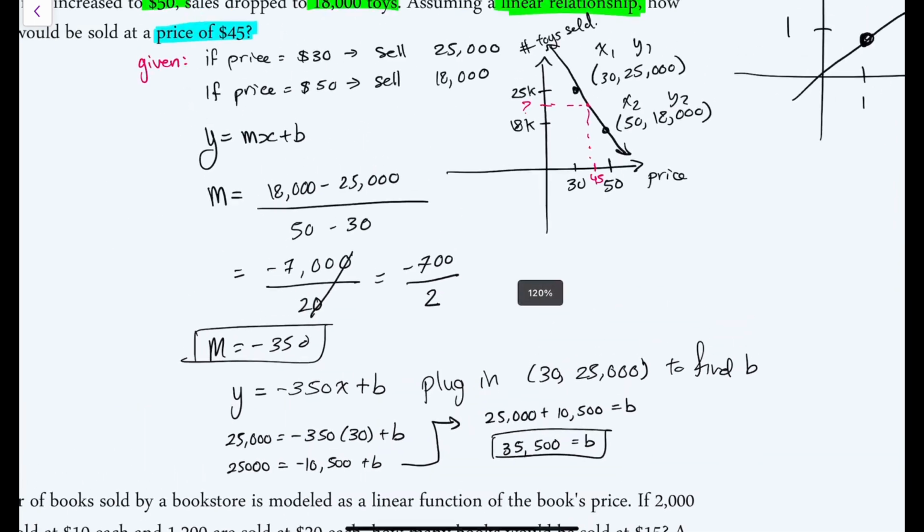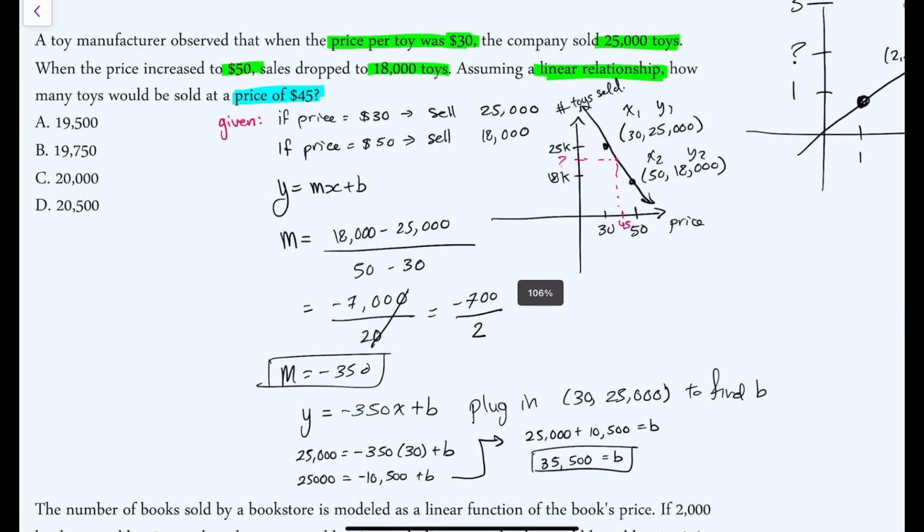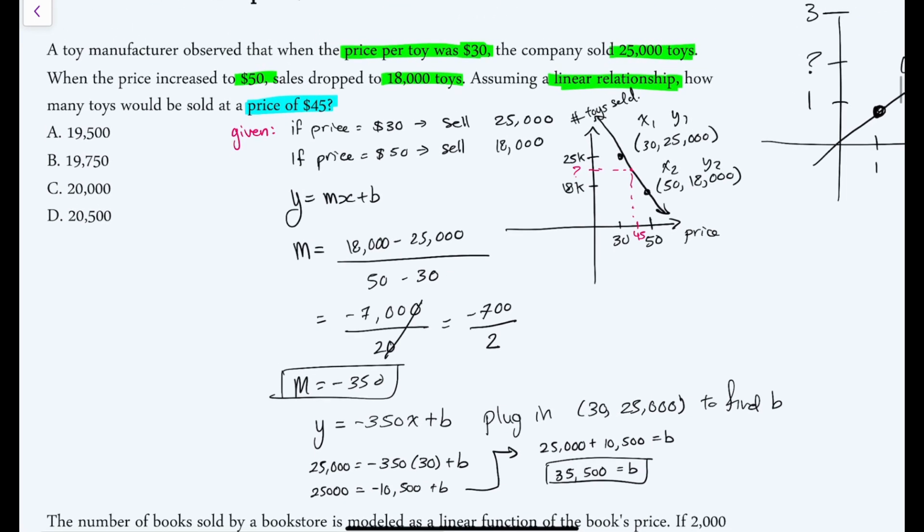Okay, I feel like there's a lot going on here, so I'm going to move a little bit so we have space. I'm going to put the rest of the solution here. Or perhaps I could just erase. No, I'll write the solution on the side here. So b is equal to 35,500. Our slope is negative 350.